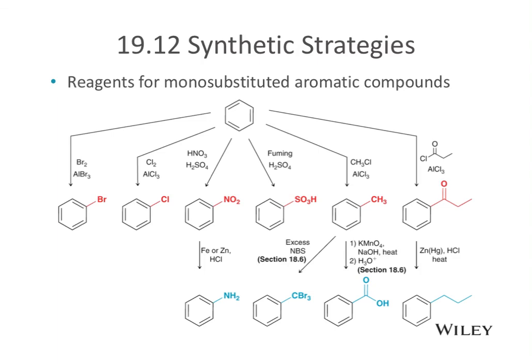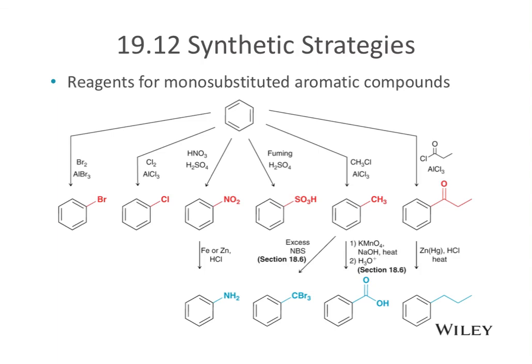So we can start with a benzene ring, and we can do 1, 2, 3, 4, 5, 6 kinds of reactions, right? We can halogenate, we can add a nitro group, we can sulfonate, we can alkylate, and we can acylate. So there are 6 synthetic chemistry steps that we've made available to us by way of electrophilic aromatic substitution.